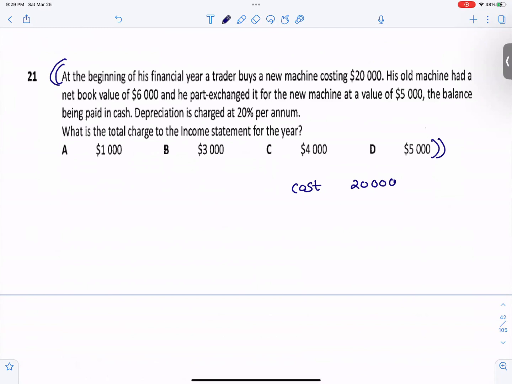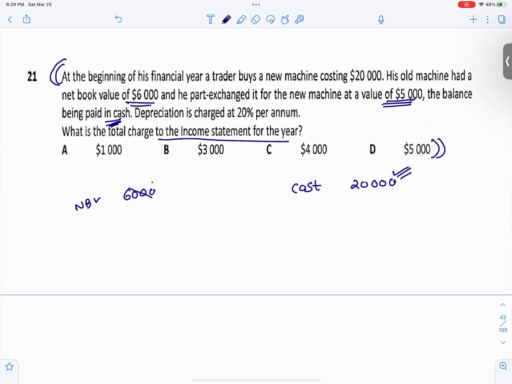His old machine had a net book value of 6,000 and he exchanged it for a new machine of 5,000, the balance being paid in cash. What is the total charge of depreciation? A trader buys a new machinery of 20,000. His old machinery had a net book value of 6,000.